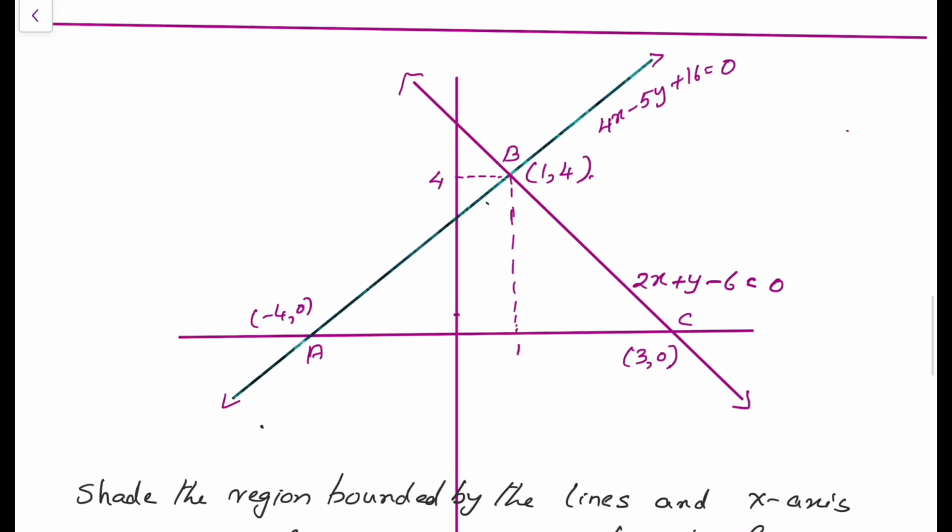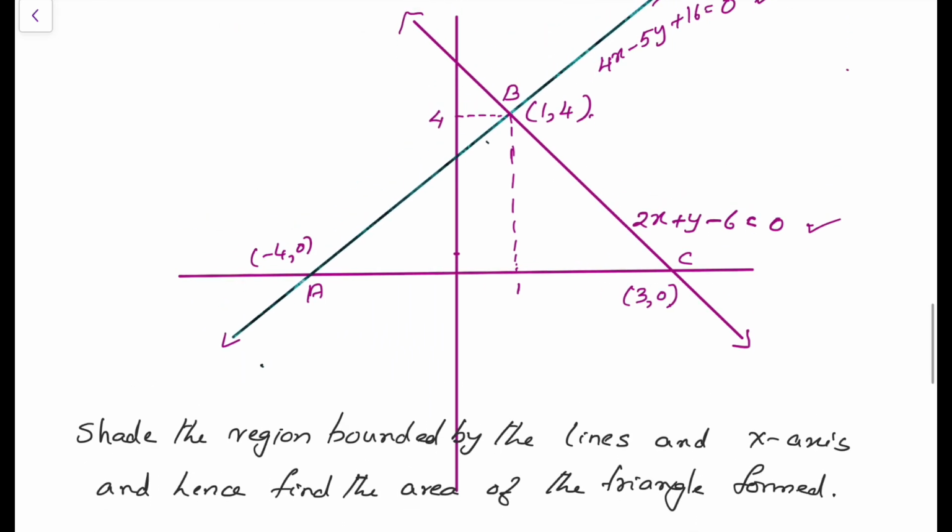I have already drawn the lines 4x minus 5y plus 16 equal to 0, and the second line is 2x plus y minus 6 equal to 0. Draw it the way I have already explained in the previous problem. Now the question is, shade the region bounded by the lines and the x axis.